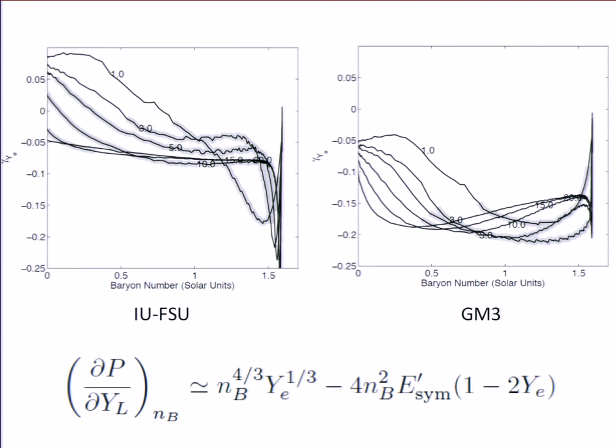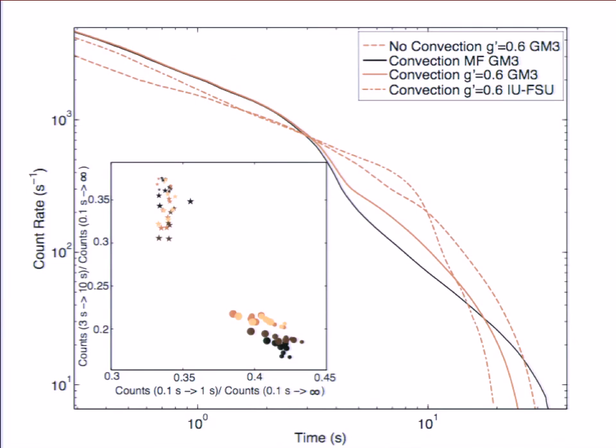That's interesting, but only insofar as there's some observable feature that comes out of having this different behavior of convection. So given the neutrino luminosities and the temperatures, I can look at the expected count rates for a supernova at, let's say, a few kiloparsecs in something like Super-Kamiokande, and see how it evolves in time.